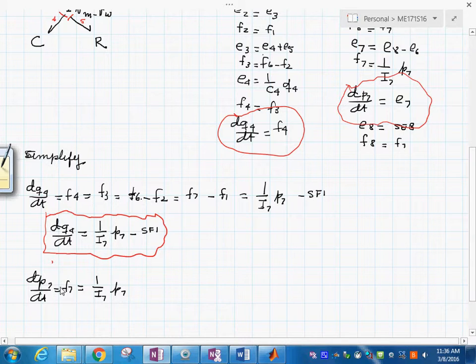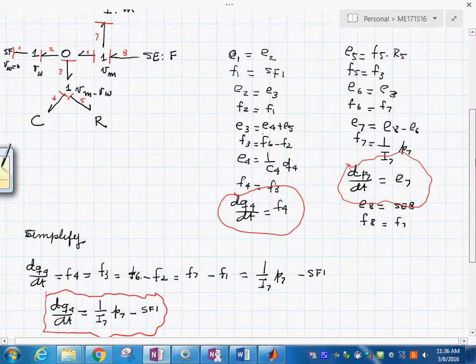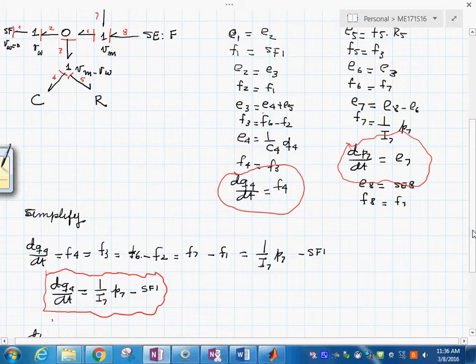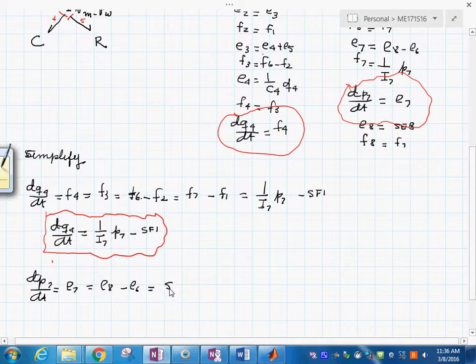Yeah, this one is SE8 minus E sub 6, but you see E sub 6 is E sub 3, and then E sub 3 is E sub 4 plus E sub 5 plus E sub 8, sorry. We continue this with E sub 4 is 1 over C sub 4 Q sub 4. What is E sub 5? E sub 5 is F5 times R5.